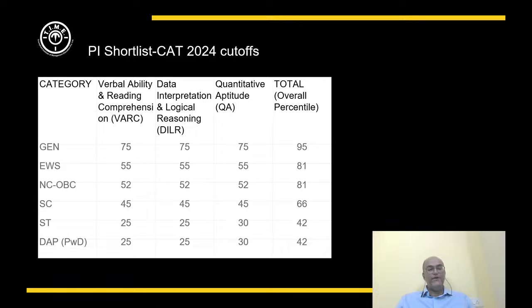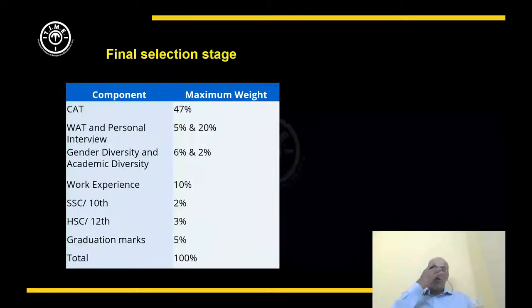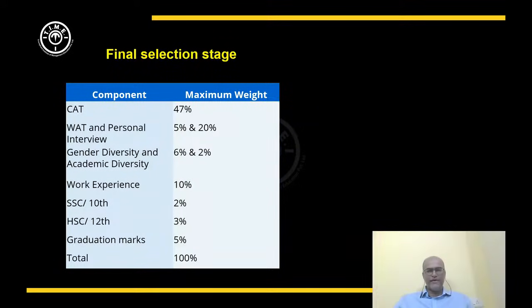All right. But mind you, sectional cutoffs were also there, as you can see on the screen. Now, once people were called for interview and WAT, what is WAT? WAT is essay writing. So after essay writing and interviews got over, that's when IIM Trichy carried out the final selection process.